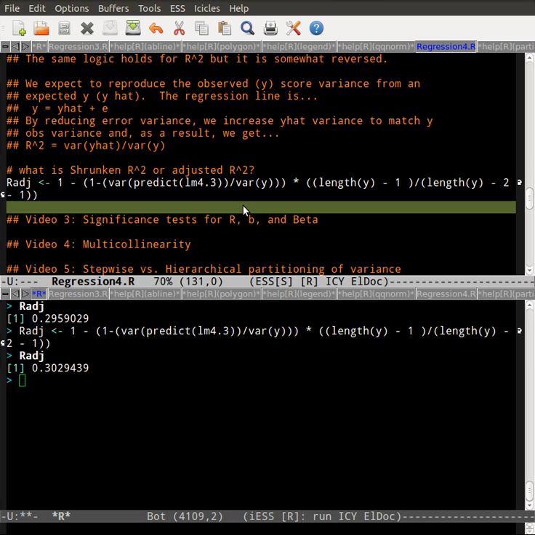It imposes a penalty for small sample sizes and really complex models. So adjusted r squared is nothing more than a parsimony adjustment. We want fewer predictors and larger sample sizes to produce a shrunken r squared or adjusted r squared that is essentially identical to r squared.